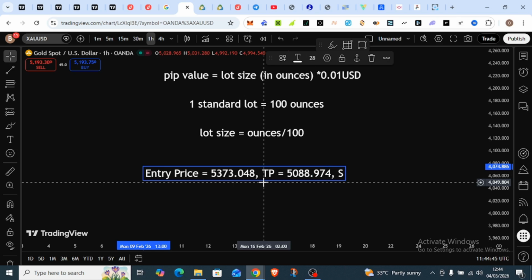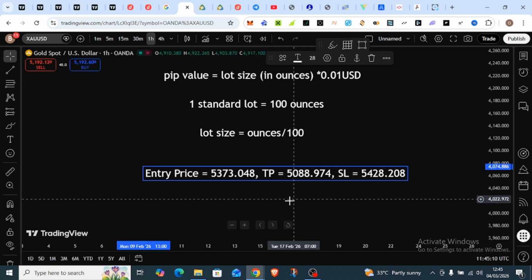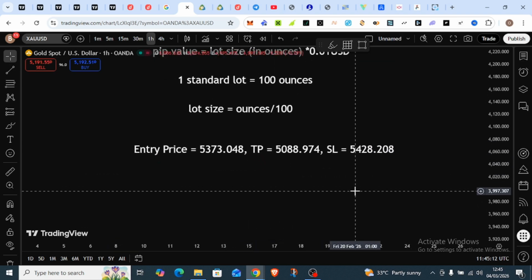We have another one, stop loss price, which is indicated as SL here, as 5428.208. So these are the details we are going to work with.